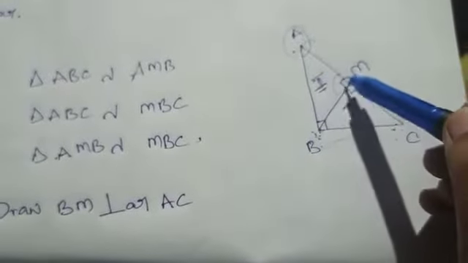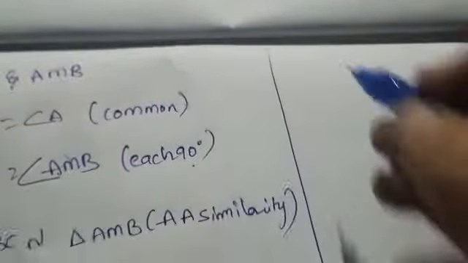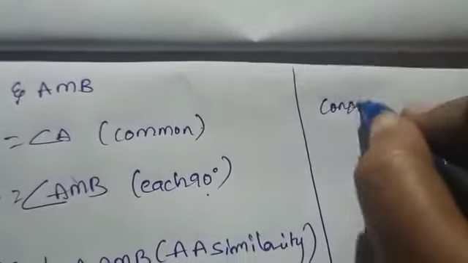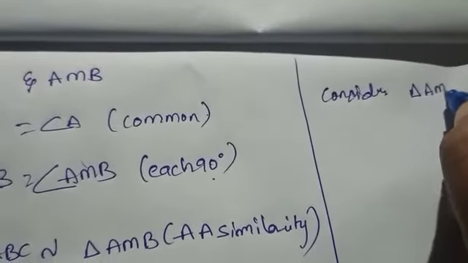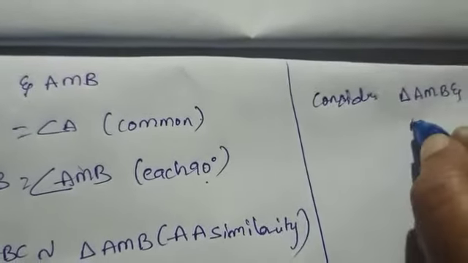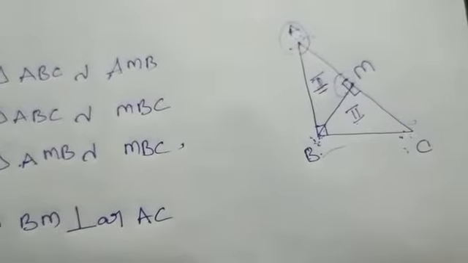Next, consider smaller triangles AMB and MBC. Okay, consider triangle AMB and triangle MBC, smaller triangles.